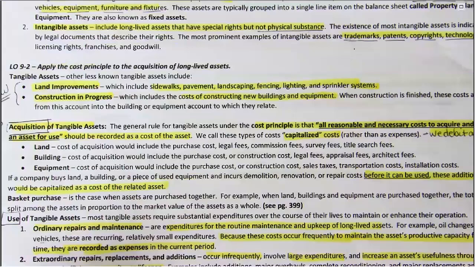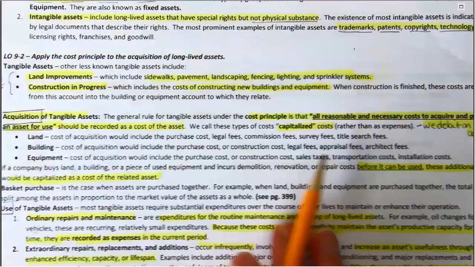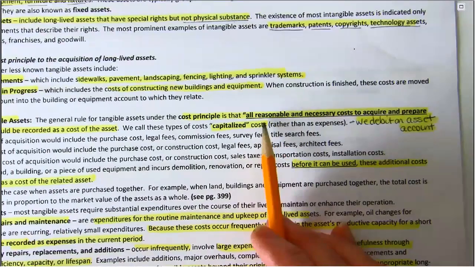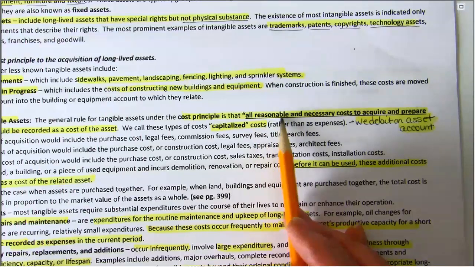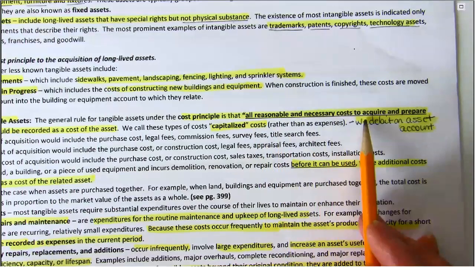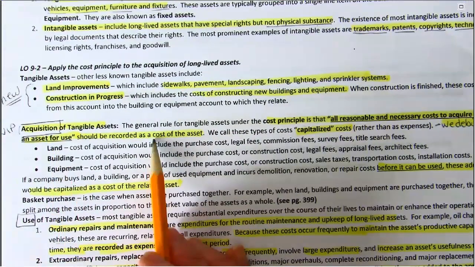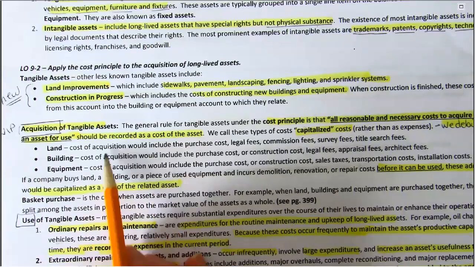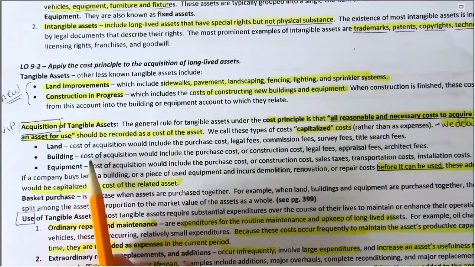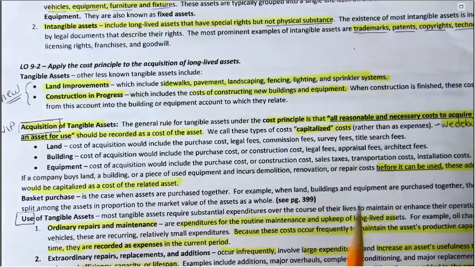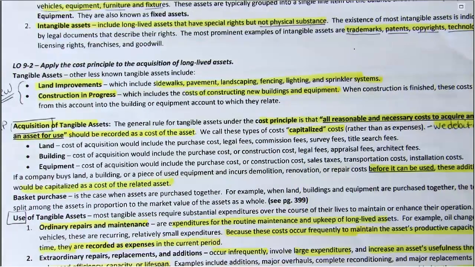That was that acquisition rule that we said was all reasonable and necessary costs to acquire and prepare the asset for use should be recorded as a cost of the asset. And then we gave some examples of things. So we call that capitalizing the costs. We mean debiting the asset account for those costs.